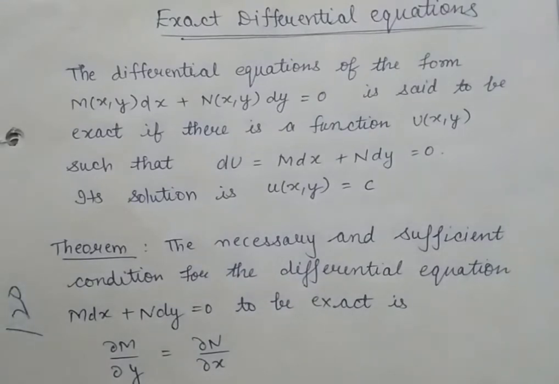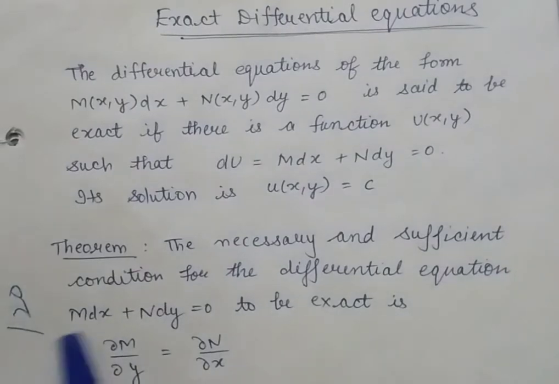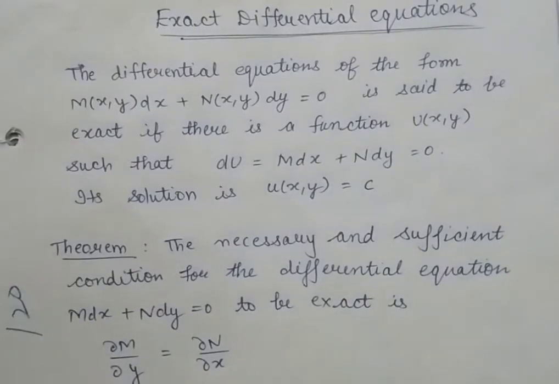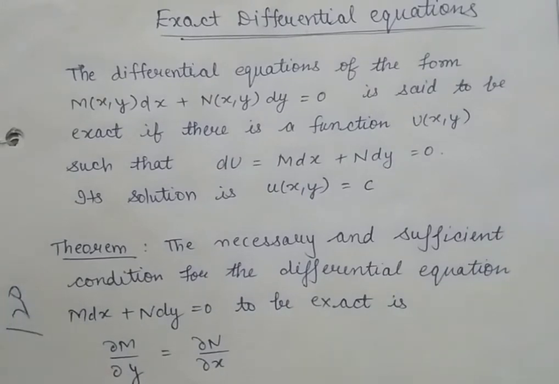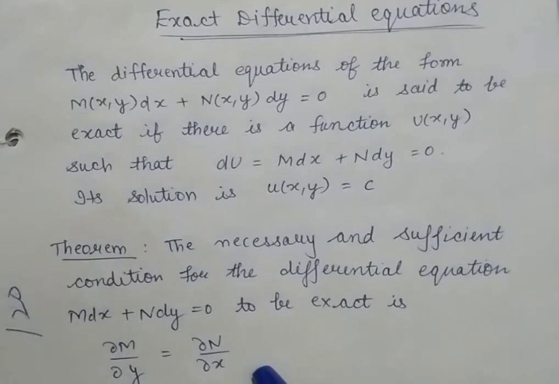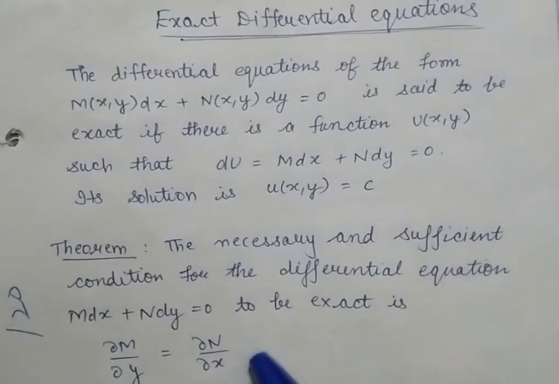That is, M can contain terms in x and y, but for ∂M/∂y we differentiate M with respect to y and take x as a constant. And we differentiate N with respect to x. Now, if ∂M/∂y = ∂N/∂x, then the equation is exact.